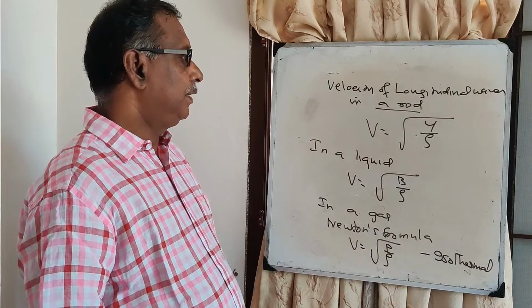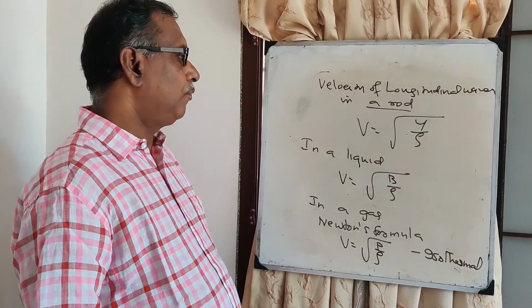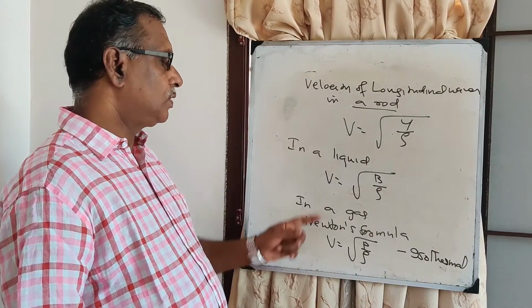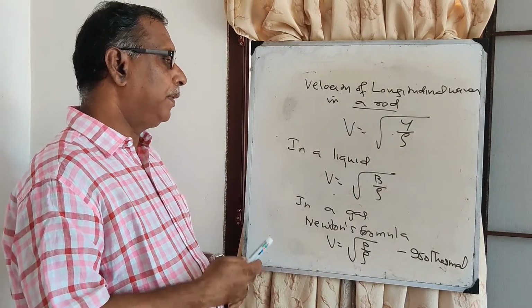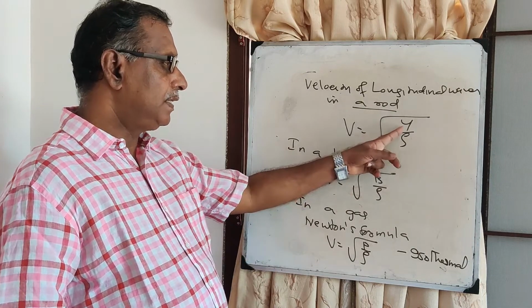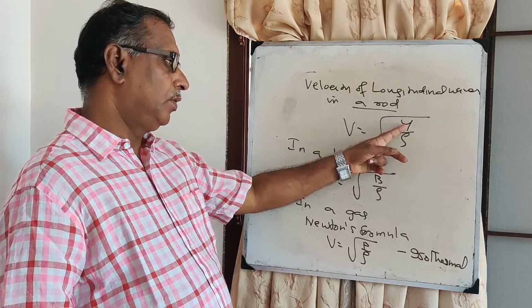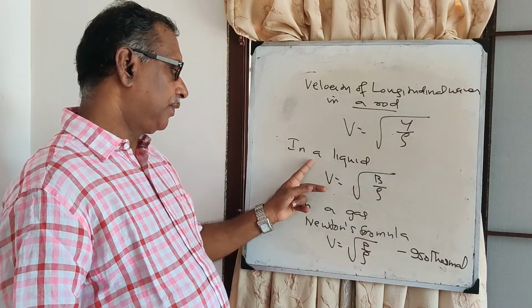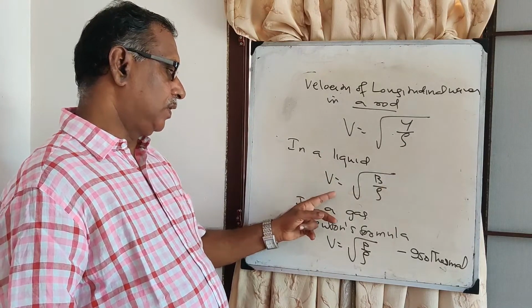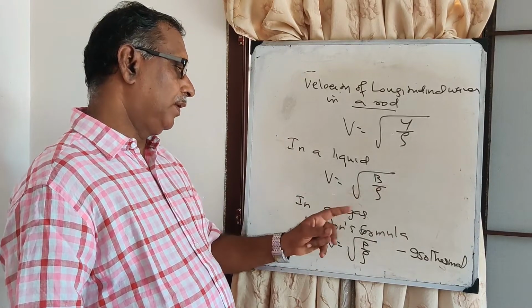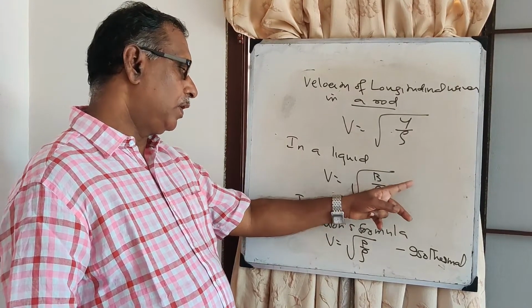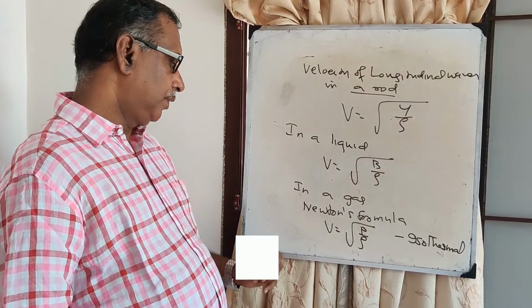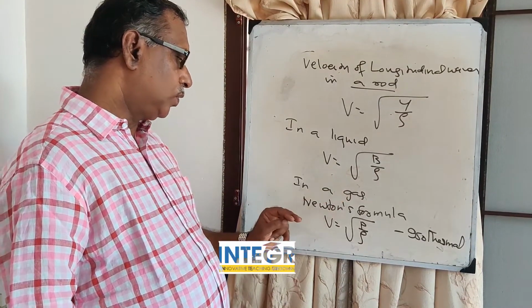Now we have to study velocity of longitudinal waves in a rod. Velocity V equals root of y by rho, where y is the Young's modulus of the rod and rho its density. But in a liquid, velocity V equals root of B by rho, where B is the bulk modulus of the liquid. In a gas, there are two types of formula.